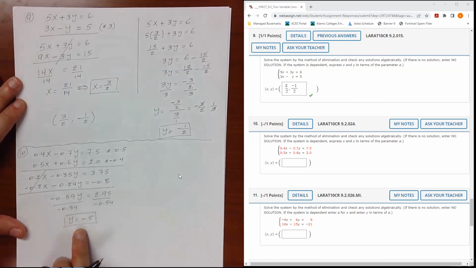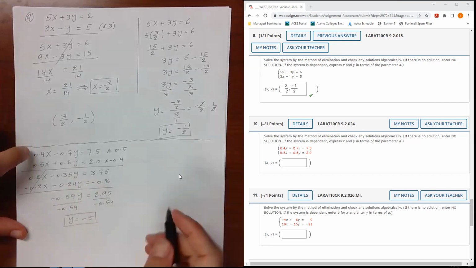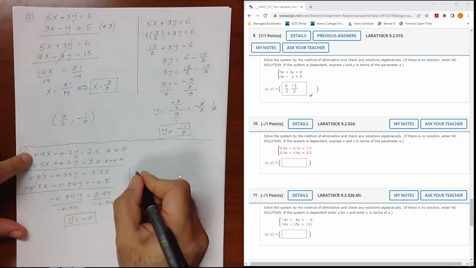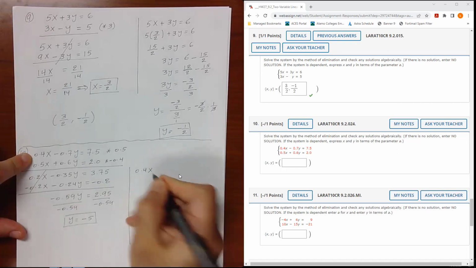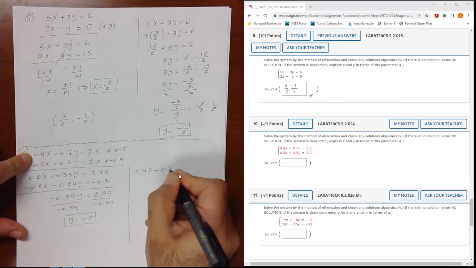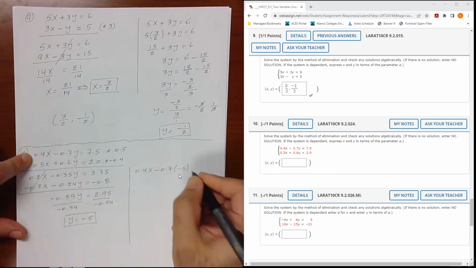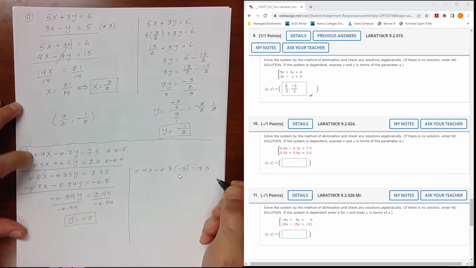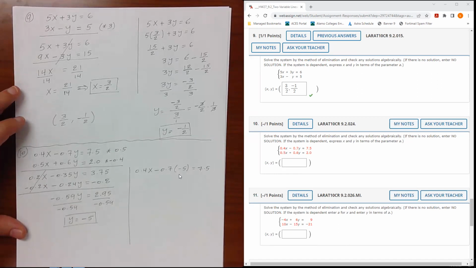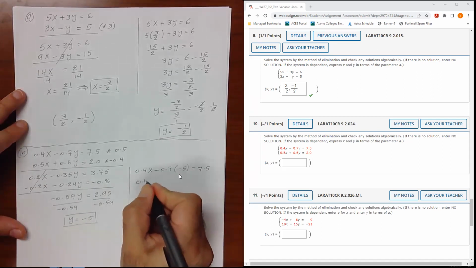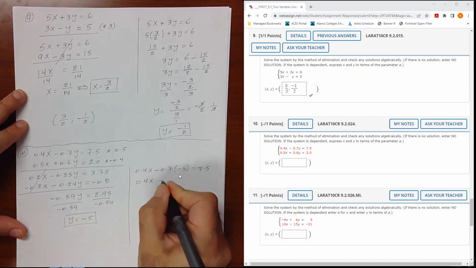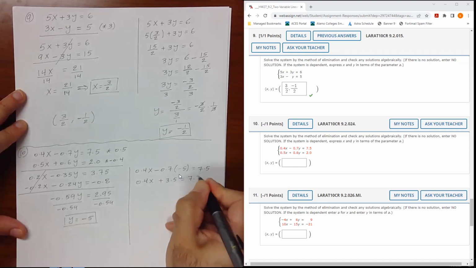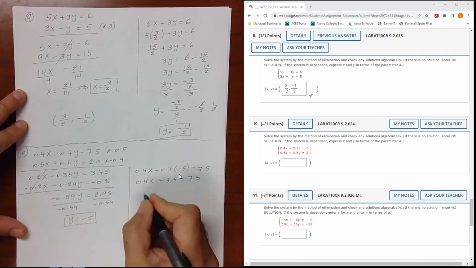Now, plug in -5 in one of these equations to get the value of x. So I'm going to plug in -5 here. 0.4x minus 0.7 times y, where y is -5, equals 7.5, not negative. That means 0.4x plus 3.5 equals 7.5. Subtract 3.5 from both sides.